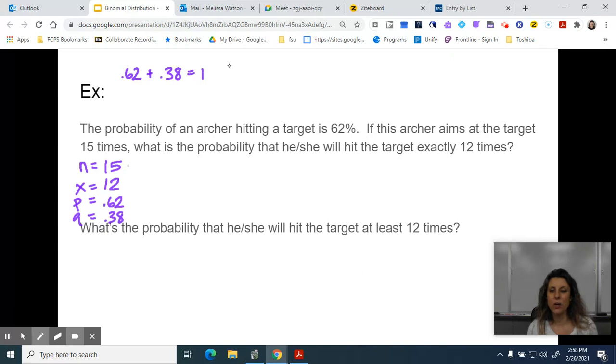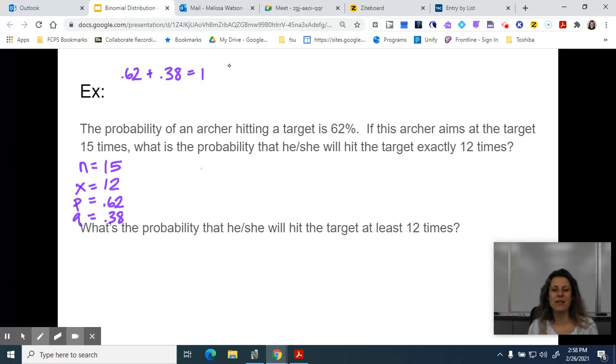Okay, so we kind of went through the checks as I was identifying those, but we determined that they are independent. You either hit the target or you don't, so there's 2 outcomes that we could label as success and failure. We have a fixed number of trials, that's 15, and they are independent. The probability of success does not change from hit to hit. Okay, I think I got them all there.